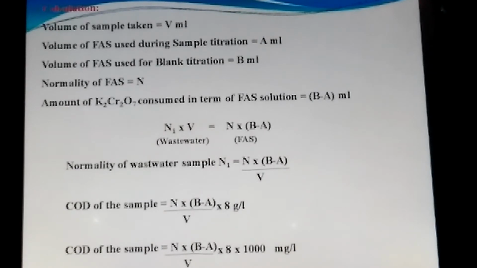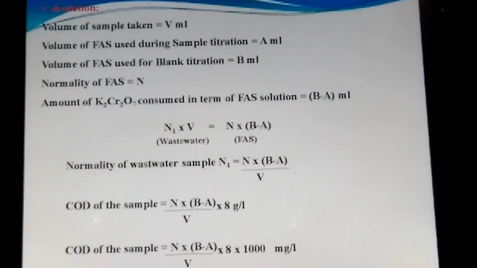So the amount of potassium dichromate consumed in terms of ferrous ammonium sulfate can be calculated by subtracting B minus A. That is the exact volume of potassium dichromate required for neutralizing FAS here. So normality of ferrous ammonium sulfate into B minus A divided by volume of wastewater sample used for the titration.